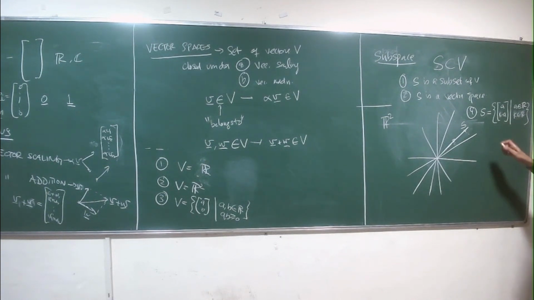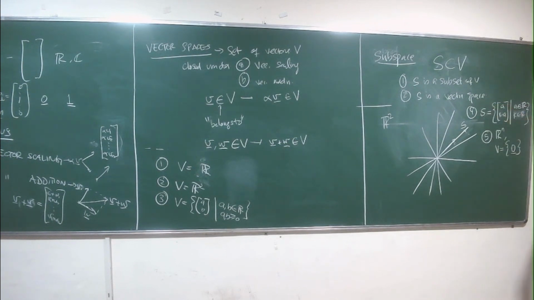Let's talk about another example. Let's say our original space is Rn, and the subset that I'm looking at is simply the zero vector. Is this a subspace of Rn? This is clearly a subset of Rn.